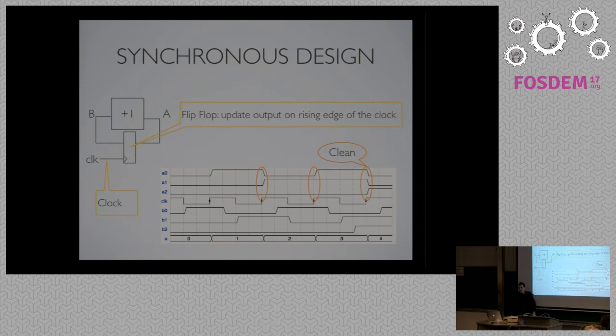Here, for example, the clock is active, so the input of the flip-flop will be reflected to the output just when the clock is active. Again, here the clock is active, the input is here and will be reflected on the output here. With this kind of circuit, you have a perfectly clean output.